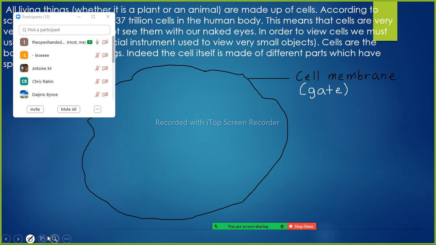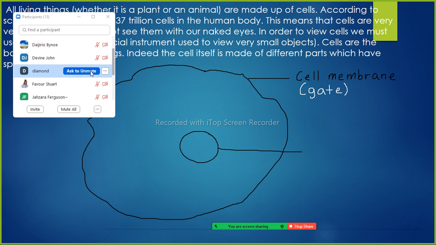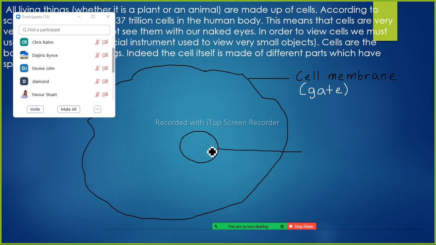Okay, good. Next up, we have another part of the cell, which is going to be here. What do we call this part of the cell?